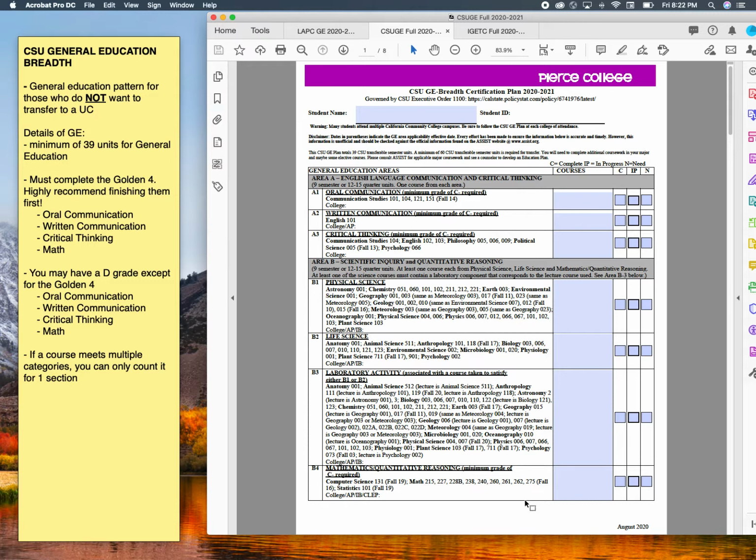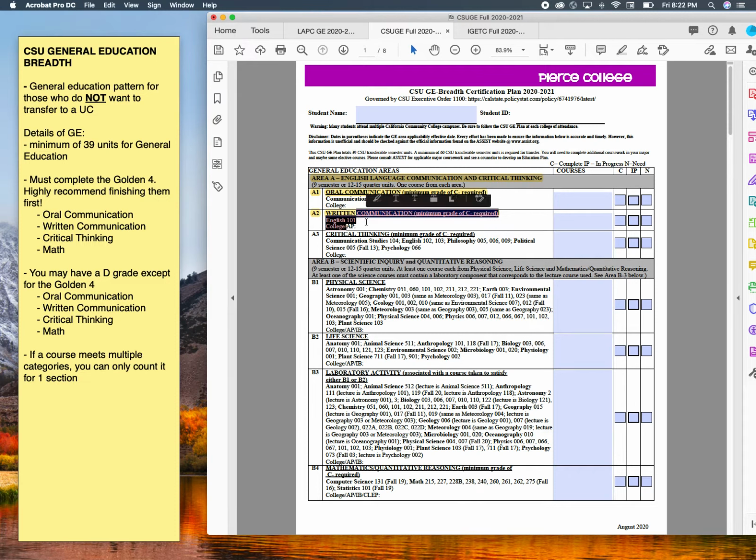let's go ahead and go into the details of how you read this general education pattern. The first area, Area A, is English language communications and critical thinking. In this category, there is A1, oral communication. You have to have one class, so out of these four, you get to pick one class to meet this oral communication requirement. You also have to have A2, written communication, so you need one class that could fit in this category.